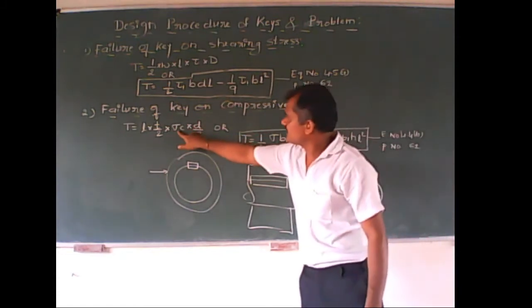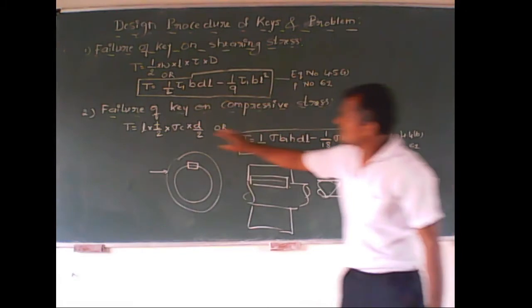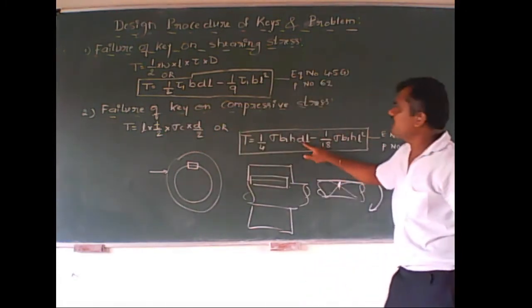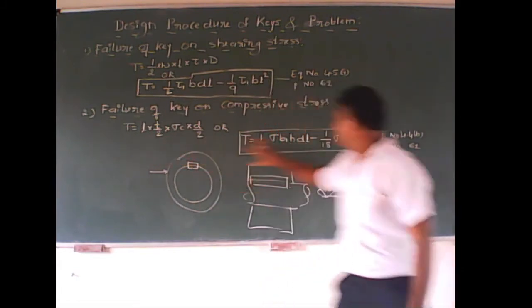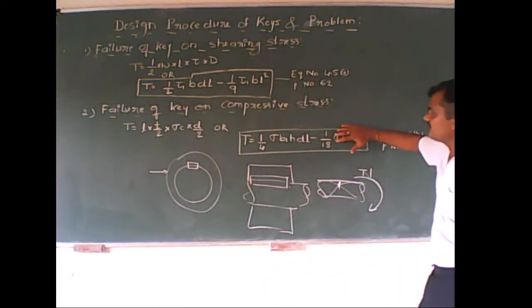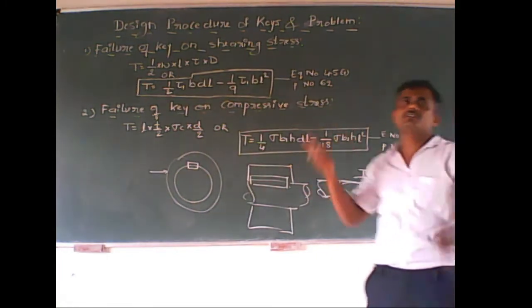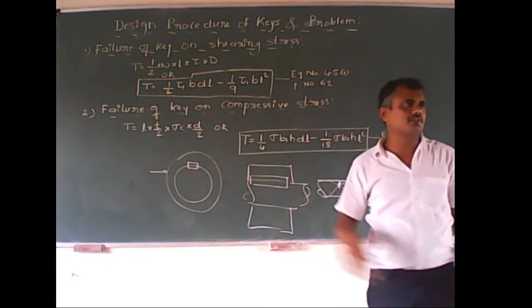It is sigma c, which is available in the theory part. Instead of H there is a T. The diameter is also available, and the length along with it. So this part you can avoid. Why? Because whatever this value is, divided by 18 means out of 18 one part is considered, which should be subtracted from the main equation.